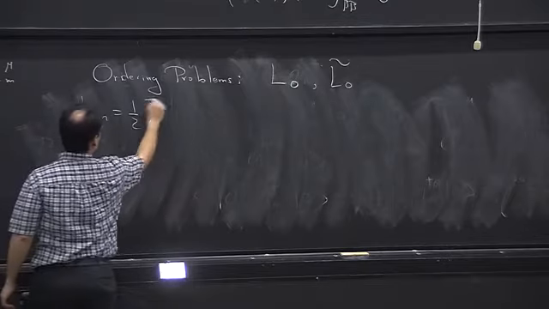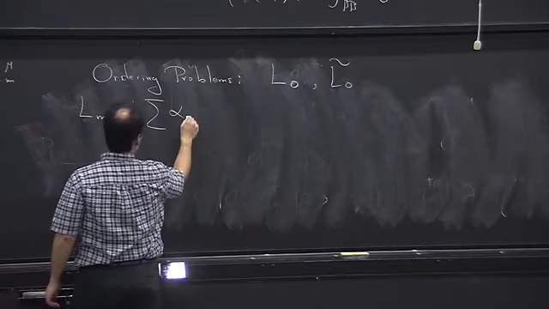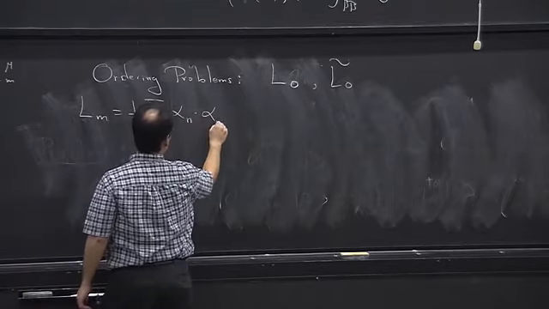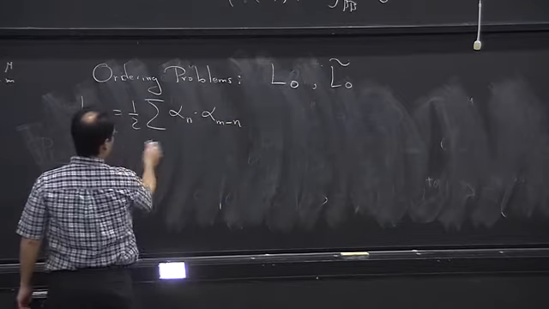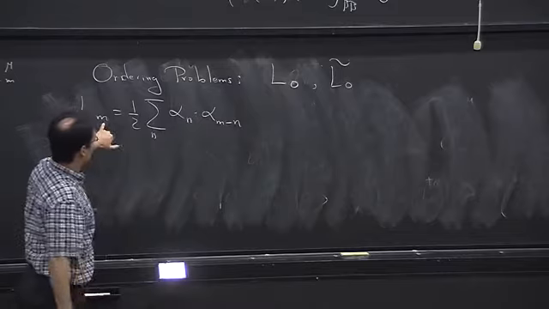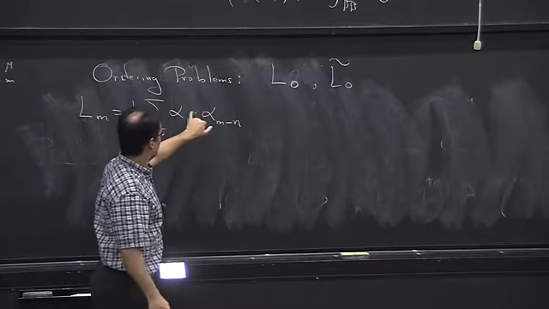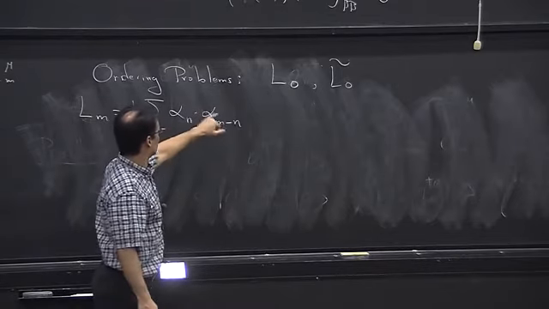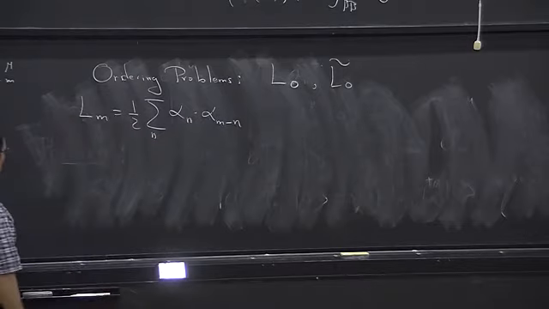The reason is that for any other one, remember this was defined to be something like this. And if m is different from 0, these two oscillators, these two operators commute. So we don't have any ordering problem.